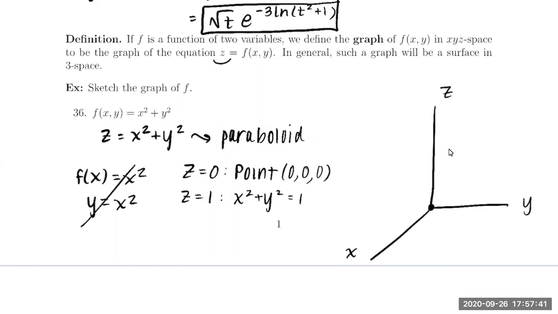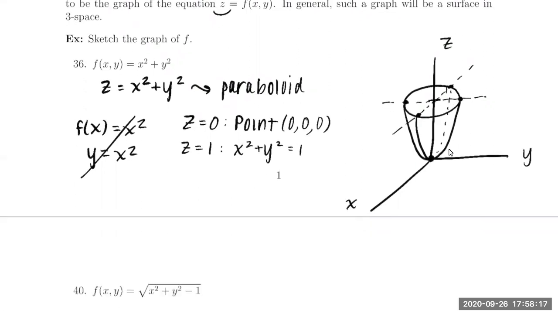We have a point at the origin, and then if we come up one on the z-axis, I'm going to draw in my ghost y-axis, my ghost x-axis, and I'll come out 1 and then piece together these traces. All right, and if you want to add additional trace lines in, you most certainly can. So here's our paraboloid in 3 dimensions.